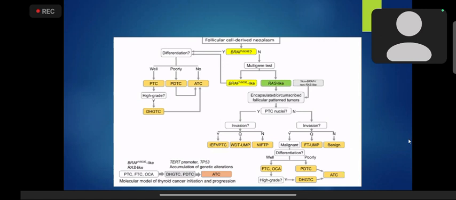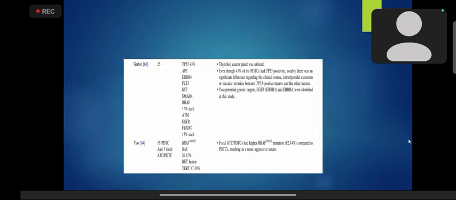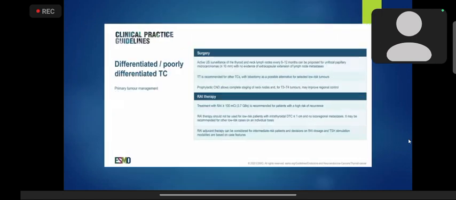ESMO has just given guidelines for all differentiated thyroid cancer, and they have kept poorly differentiated thyroid cancer in their guidelines, included in the spectrum of follicular derived thyroid cancers. It's not separate, as opposed to anaplastic thyroid cancer, where ATA has dedicated a separate guideline section. Correct.